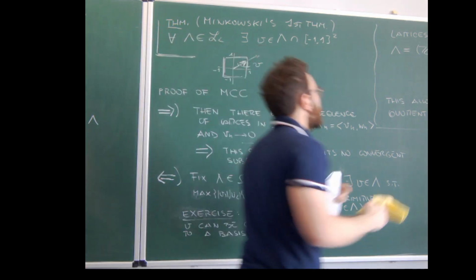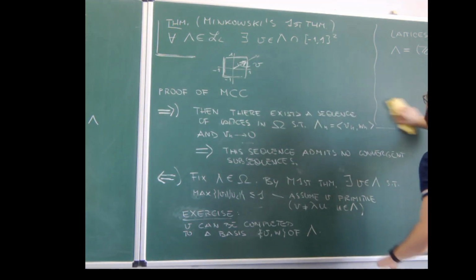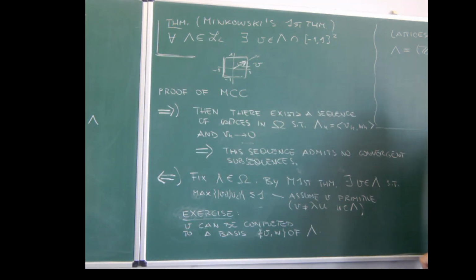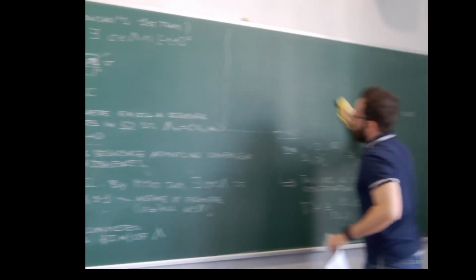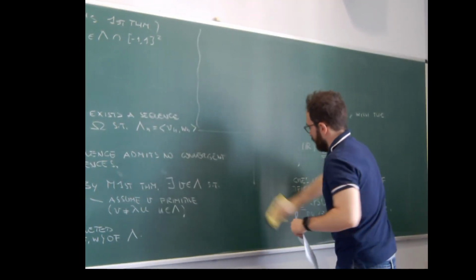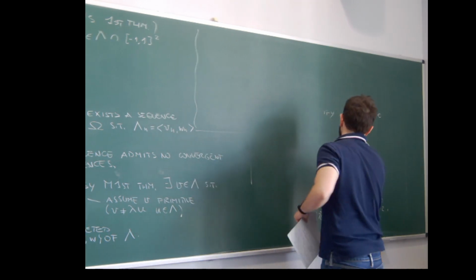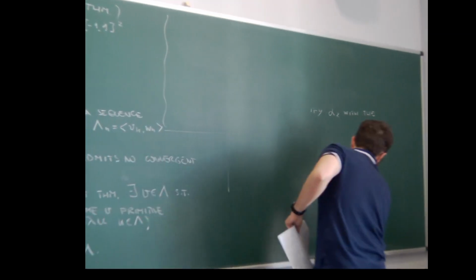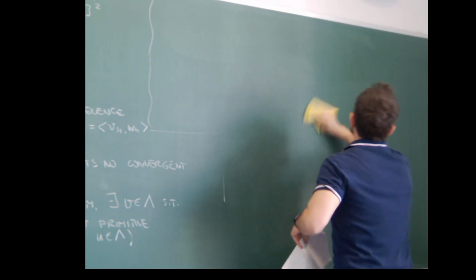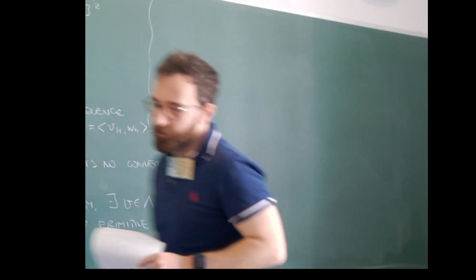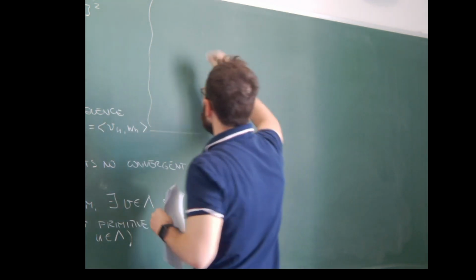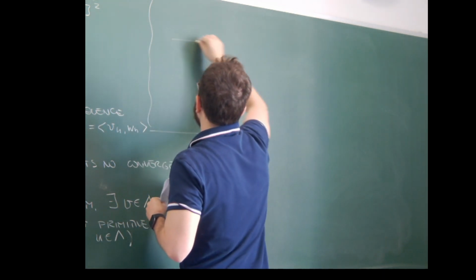Okay? So this is something you can always do. It's not a complicated statement, but I don't want to prove it now. Okay, and now let's look at what happens, right?